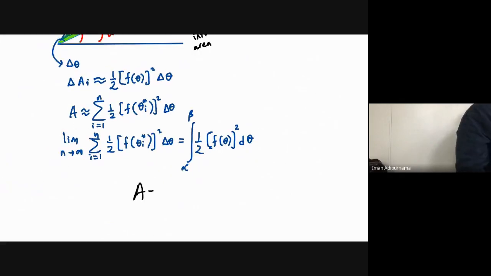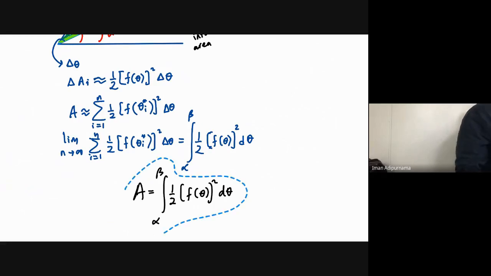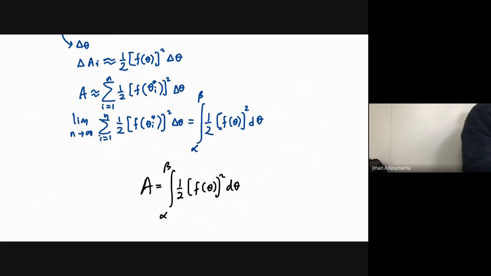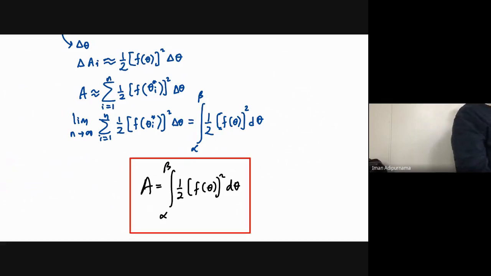So your area for the polar is half r squared d theta. Okay.